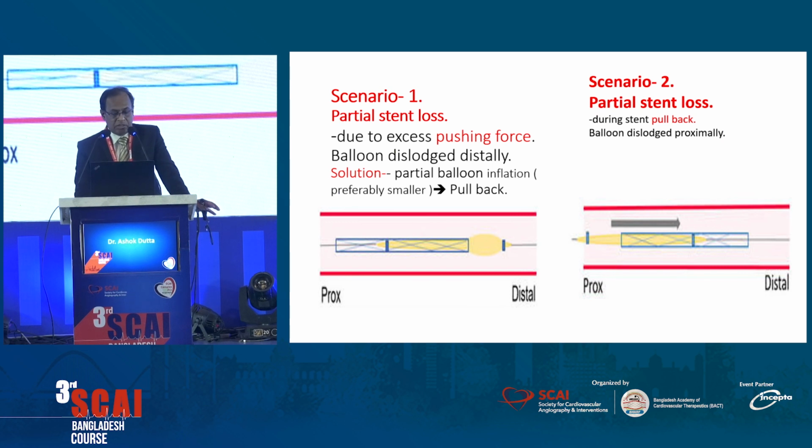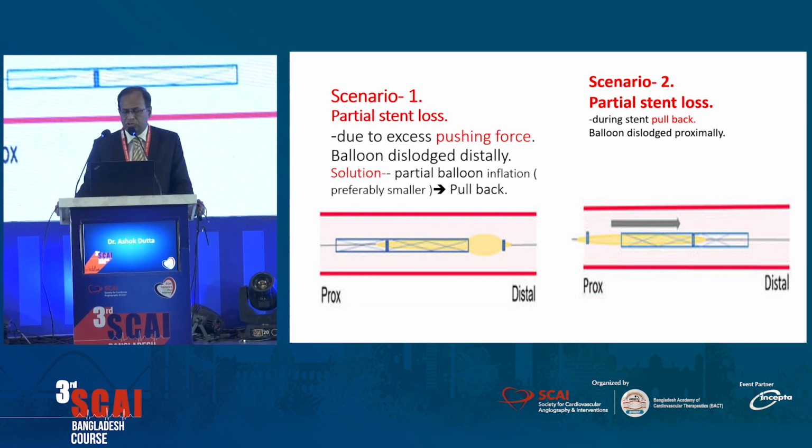The first may be partial loss, when the balloon, due to pushing force, goes beyond the stent and more distally. In that circumstance, with a small inflation of the balloon, we can pull it back out of the coronary artery. In another circumstance, sometimes we try to retrieve the stent when it is difficult to deliver to the perfect position because of poor bed preparation.